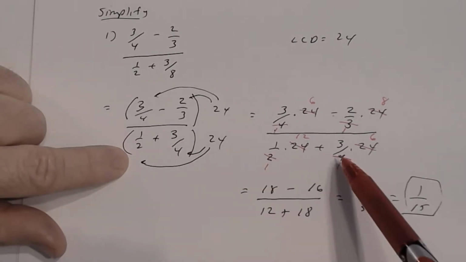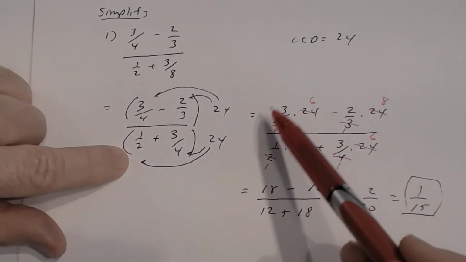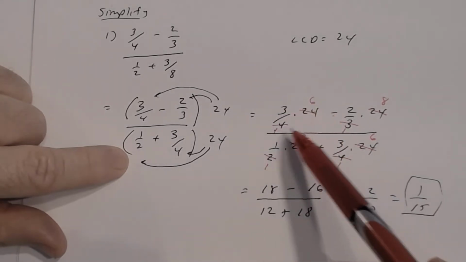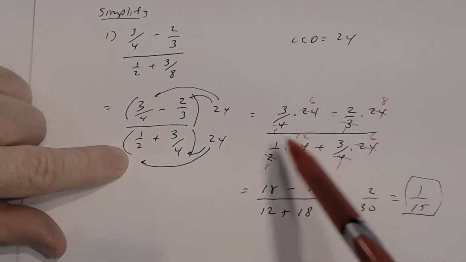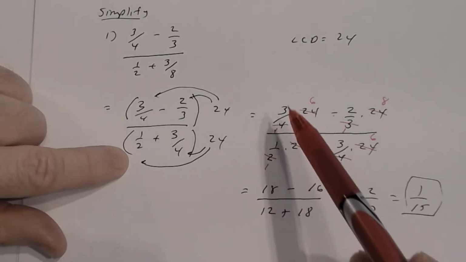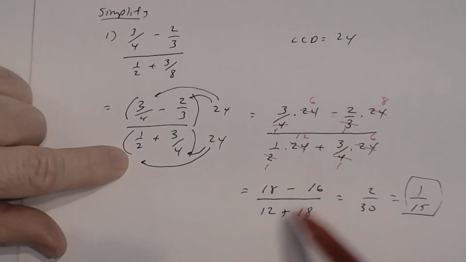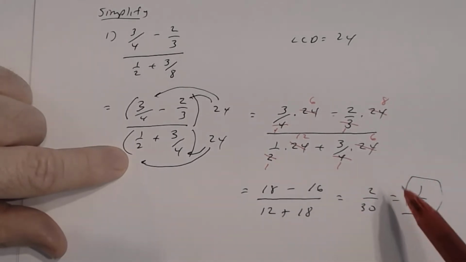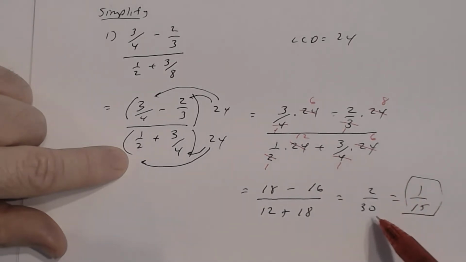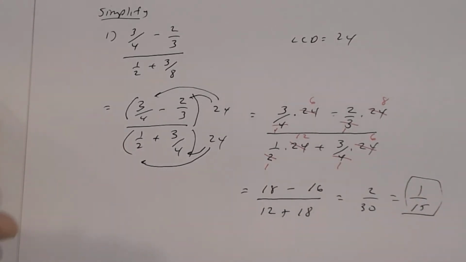And then 3/4 has to be multiplied by 24. And then you just take each product and you simplify. Okay, you reduce. Now once you reduce, you're going to get 3 times 6 is 18 and so forth. And then you go from there. And then reduce, make sure your final answer is simplified. So notice 2 divided by 30, I can reduce as 1/15. So that was number 1.